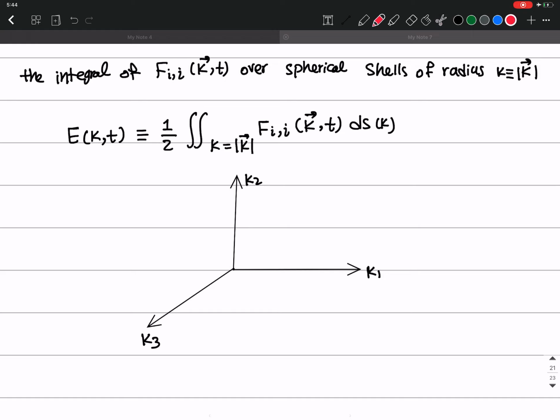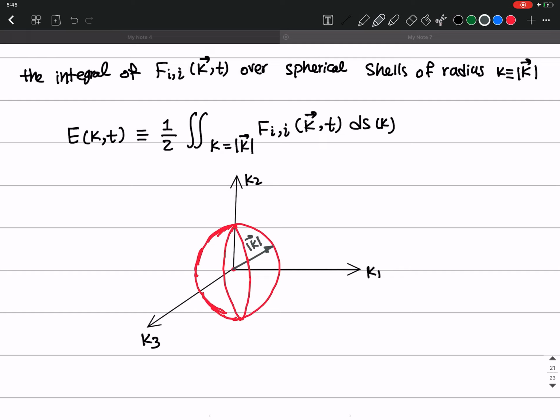So it's going to look something like this. We have these spherical shells here, and for each of these spherical shells the radius is the absolute value of k.